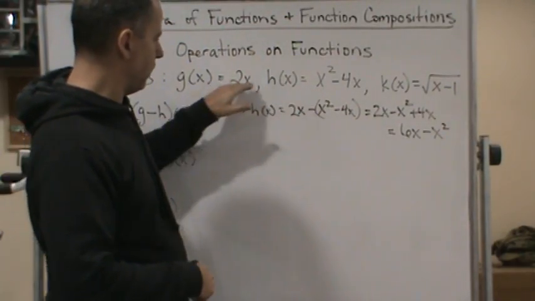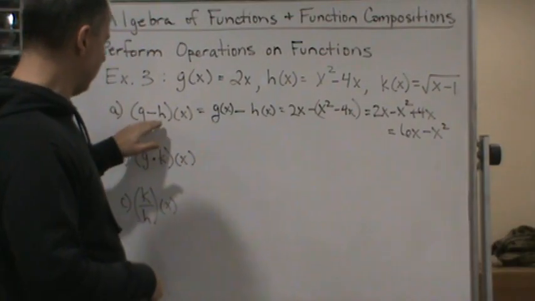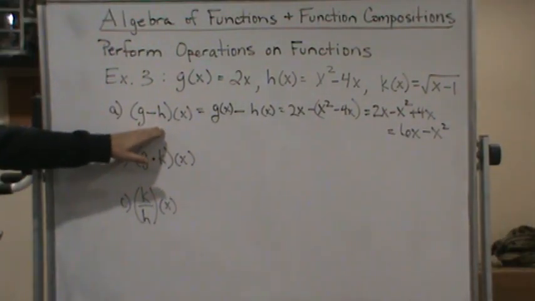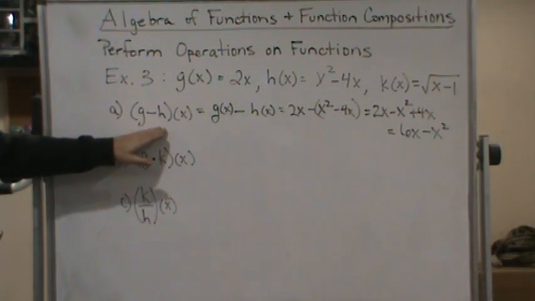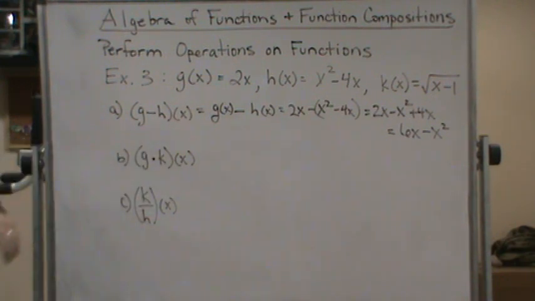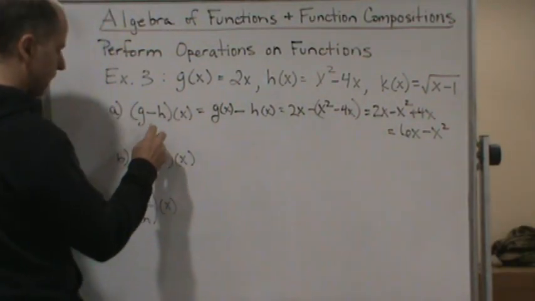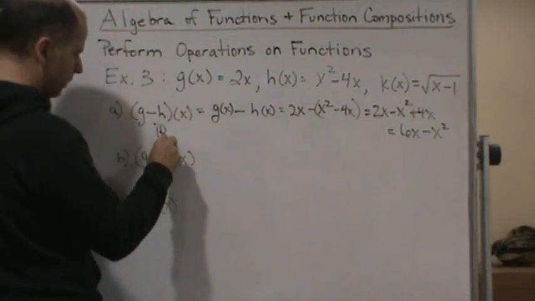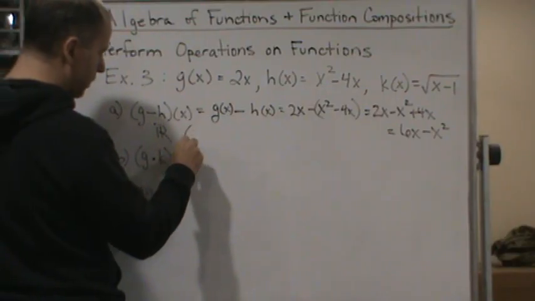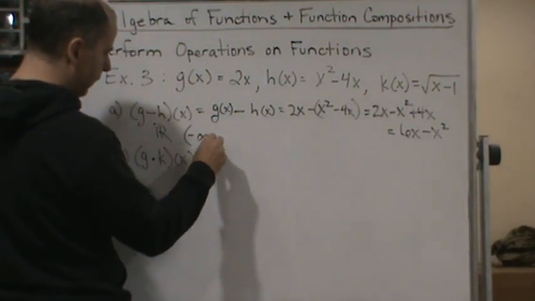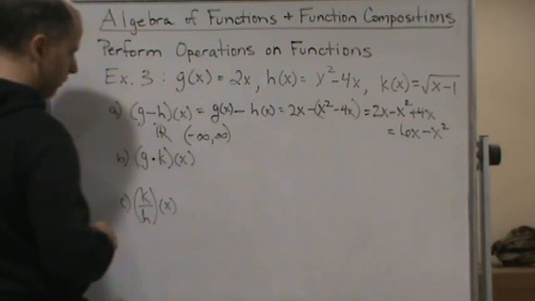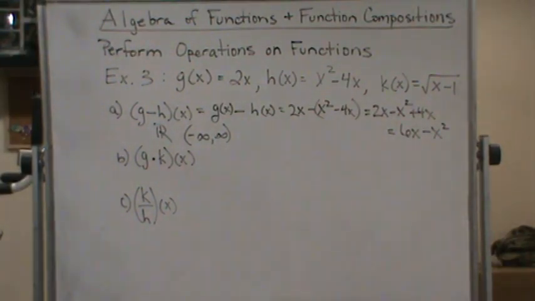So the intersection of these two is going to be the domain of g minus h of x, which in this case is all real numbers. So the domain of g minus h of x is all reals, or in interval notation, negative infinity to positive infinity.